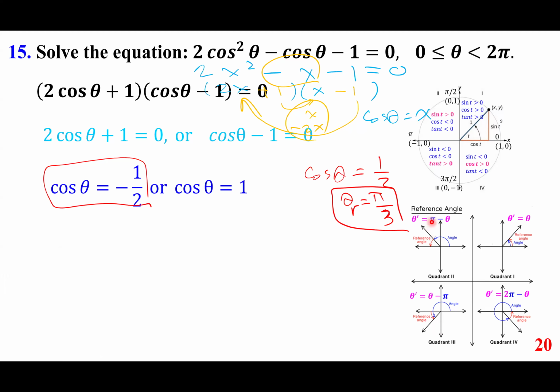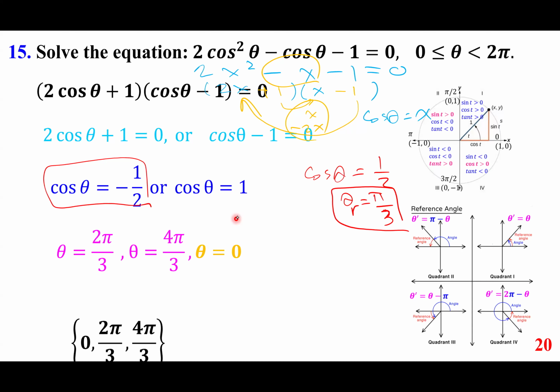In the second quadrant, pi minus theta, that means pi minus pi over 3, 2 pi over 3. In the third quadrant, the reference arc is theta minus pi, so add pi to the reference arc. Pi plus pi over 3 is 4 pi over 3, and cosine theta equals 1 gives theta equal to 0. So those are the three answers.